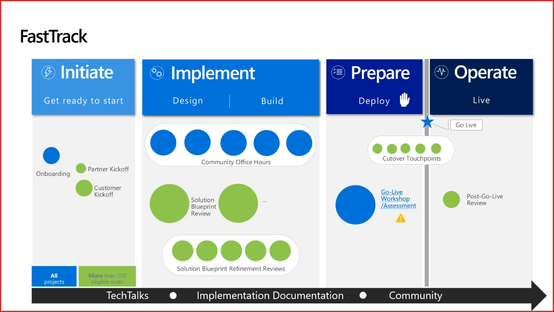Actually, these services are available to all projects. But if the project is above 150 eligible seats, it is also entitled to the services that you can see in green color. And then we give you a more detailed explanation about each one of these services.